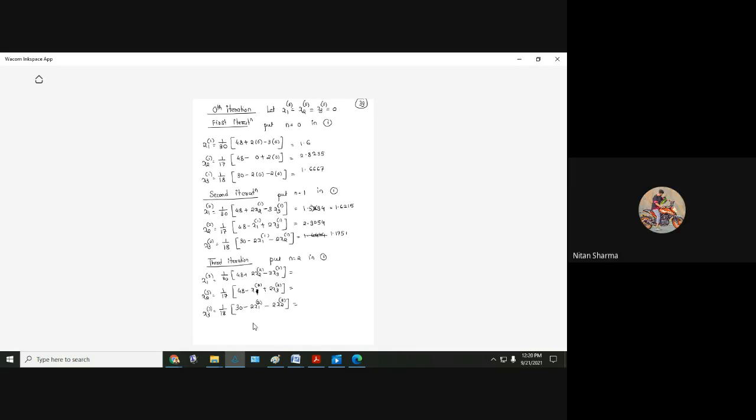The first one is 1.61. Find the three values.